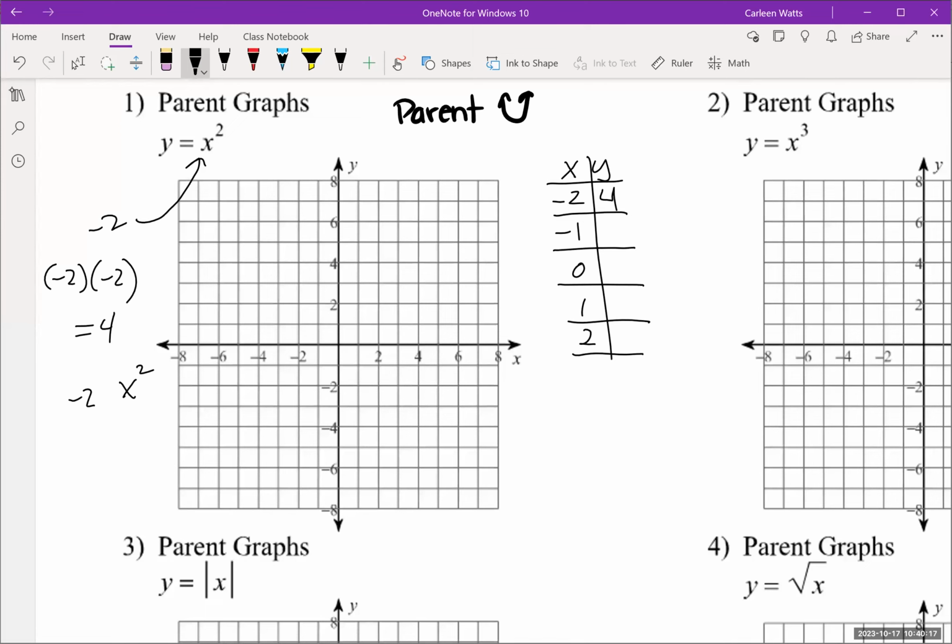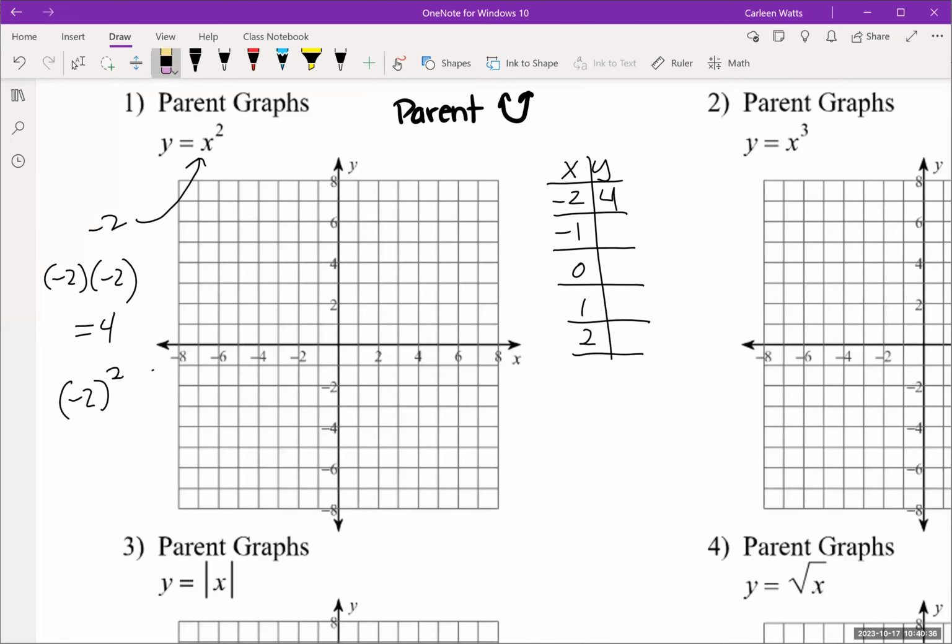You're going to get -4 because according to the order of operations, you do the exponent before the plus and the minus. So with your calculator, I need you to go parentheses, -2, close the parentheses.